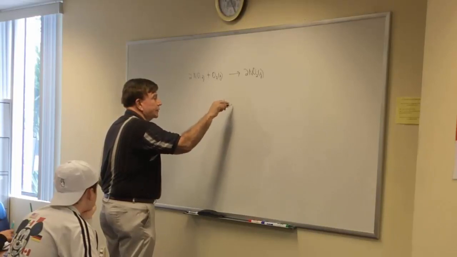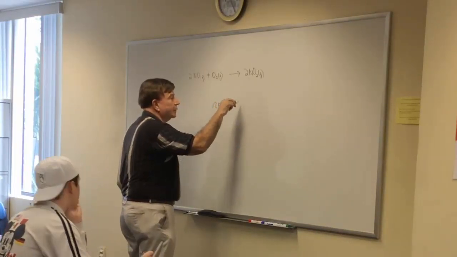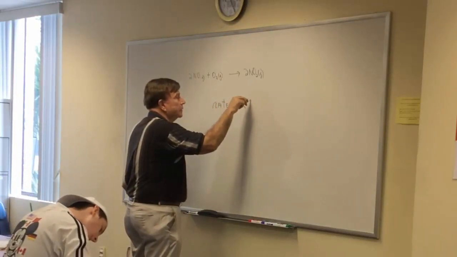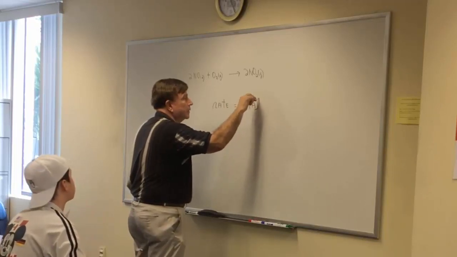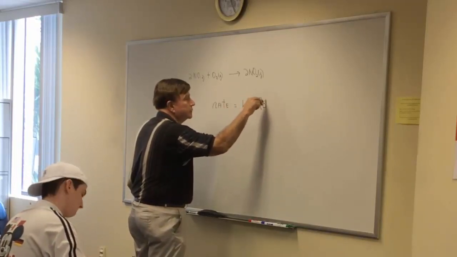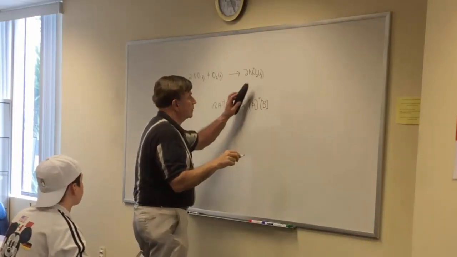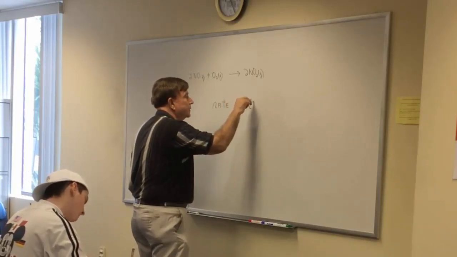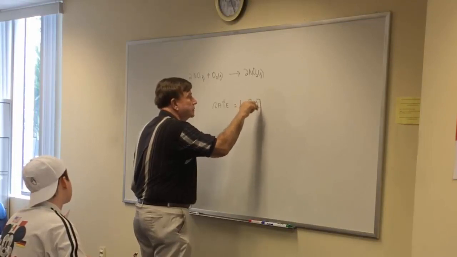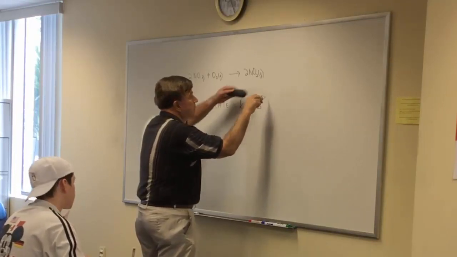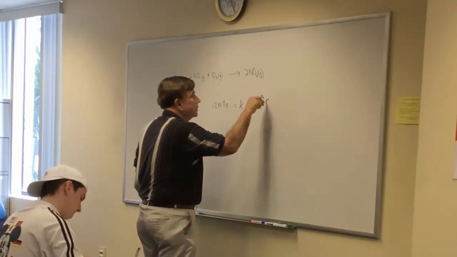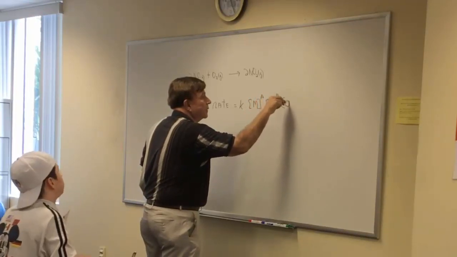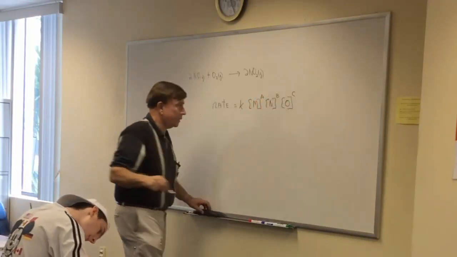The rate law equation is rate is equal to K times the concentration of reactant A and the concentration of reactant B. Let me rewrite this larger: K times, I'm going to call this M, to the A, a little different than what she did, N to the B, and O to the C, okay?